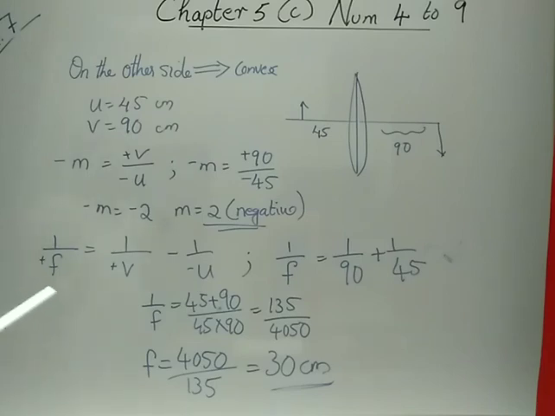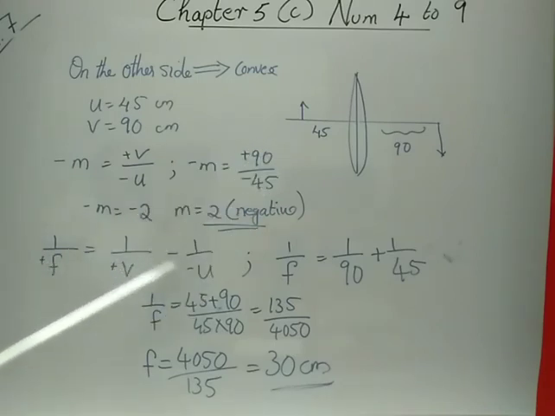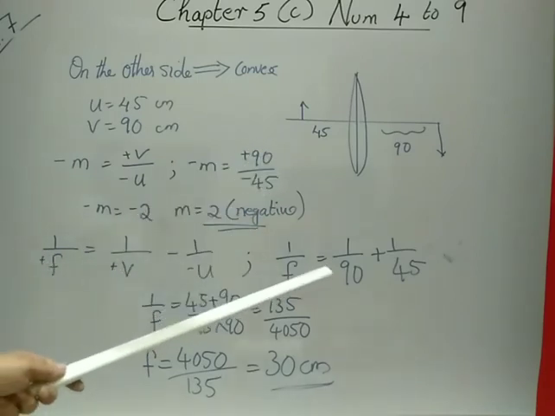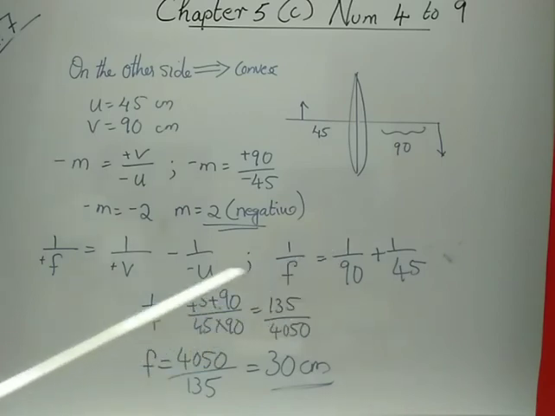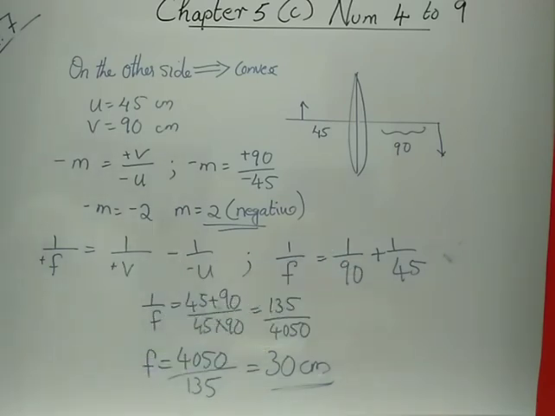Now focal length. Lens formula 1 by F is equal to 1 by V minus 1 by U. Again here, it is a convex lens. So focus will be positive. V is positive, U is negative. Okay, U is always negative. So just substitute the values. 1 by F is equal to 1 by 90 plus, here negative and negative, I directly write plus, 1 by 45.